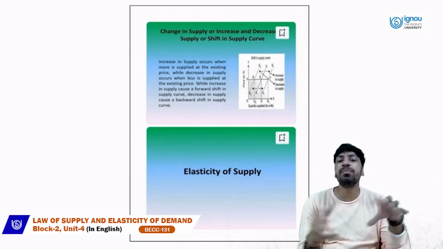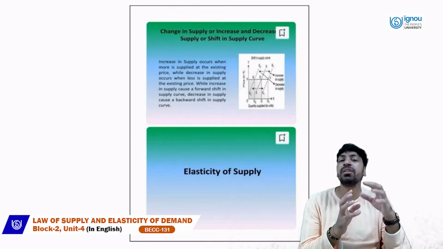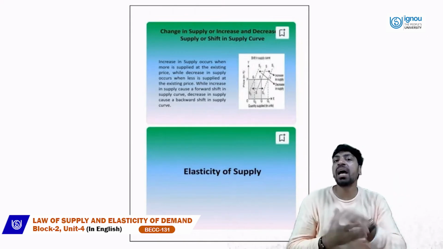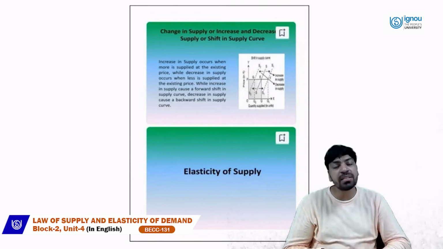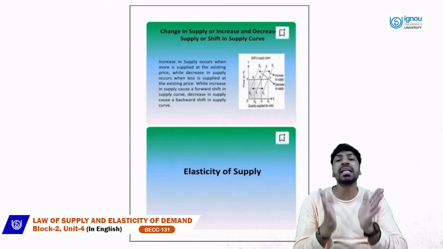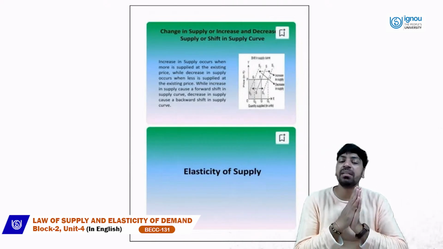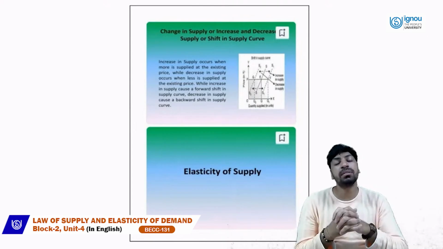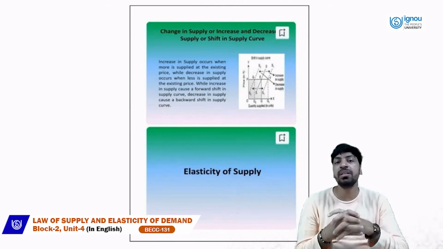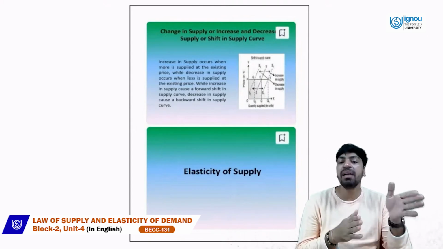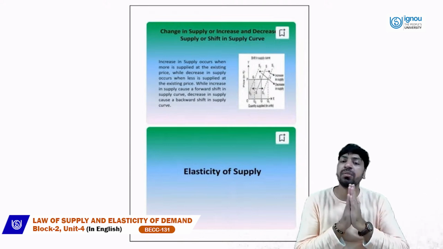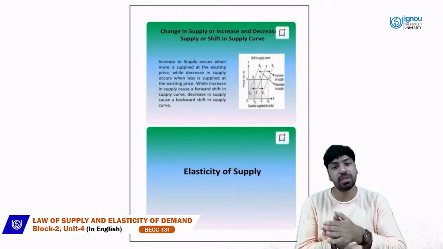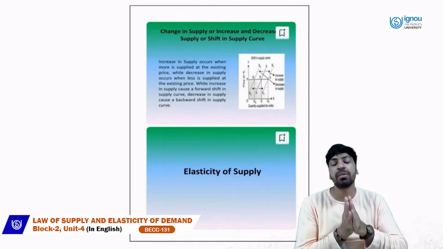So this is a conceptual framework, whether it states a change in supply, an increase or decrease in supply, or shifts in the supply curve. It shifts left and rightward, you can say backward shift or upward shift. So this is all about it.